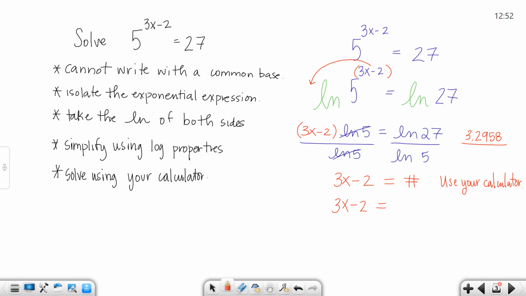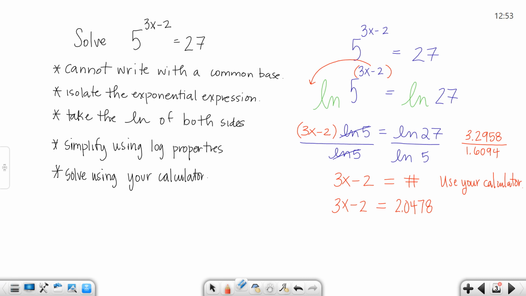And the natural log of 5 is 1.6094. So if you divide those out, you get this number, 2.0478, or somewhere in that ballpark. If you're off by a couple of 10,000ths, it's not a big deal at all. So if, like I said, your digits at the very back are off a little, no problem at all.